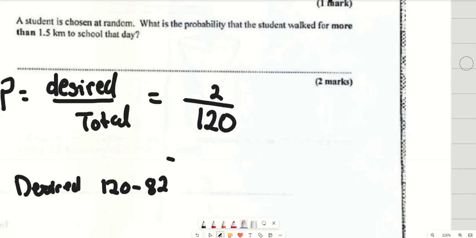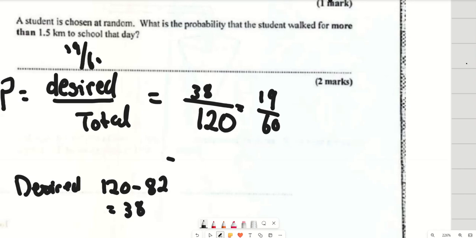So we know that would be equal to 38. So it's 38 over 120, which is equal to 19 over 60. So your answer for this would be 19 over 60.